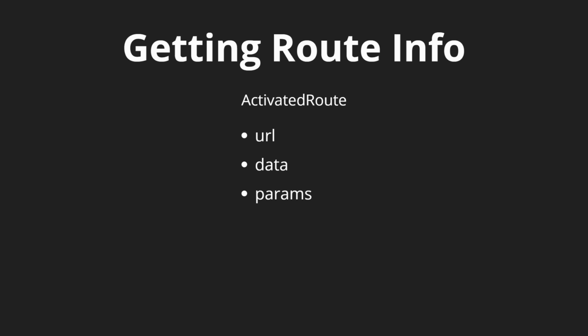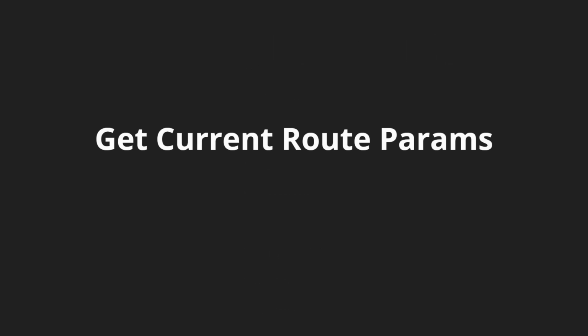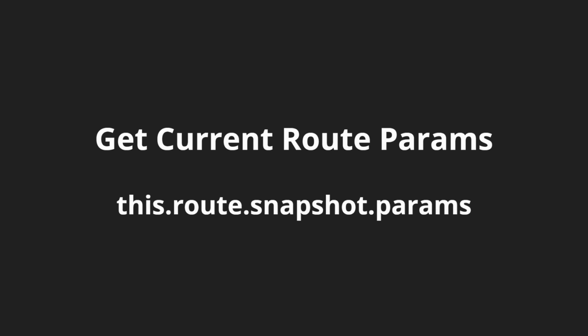We also have access to query parameters, fragment, the router outlet, since we can have different outlets that are named differently, and even more things like child routes, parent routes, and stuff like that. To get the current route parameters, we're going to use this.route.snapshot.params. Let's go ahead and use that piece of code in our About user component to grab the username out of the URL.